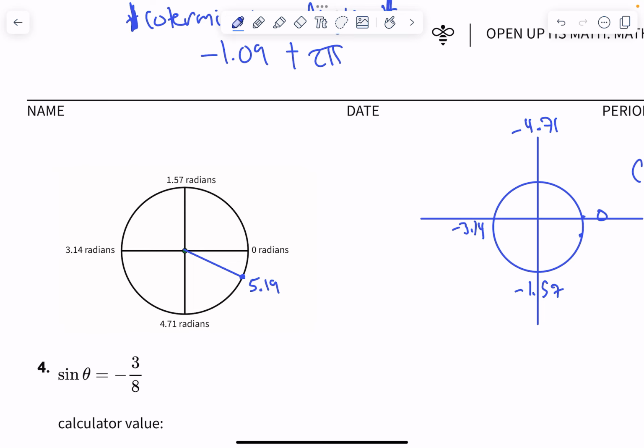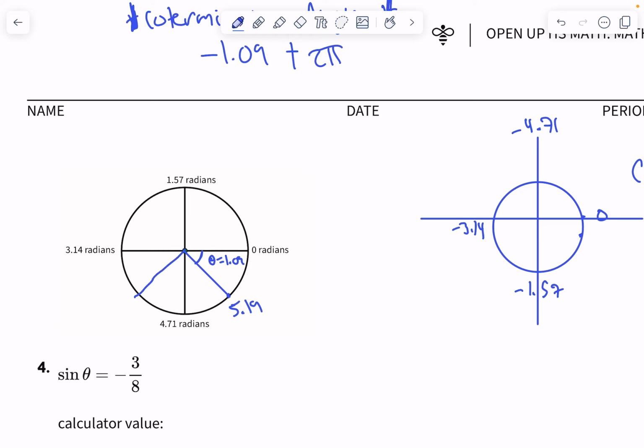It's my first angle, okay? Now, how much is this difference? Let me make this more to scale. If it's 5.19, I'm somewhere here, closer to here. So this angle is how much? 1.09. Theta here is 1.09.